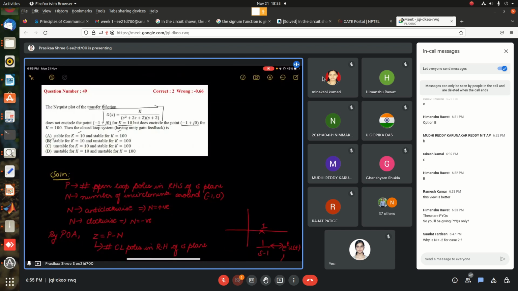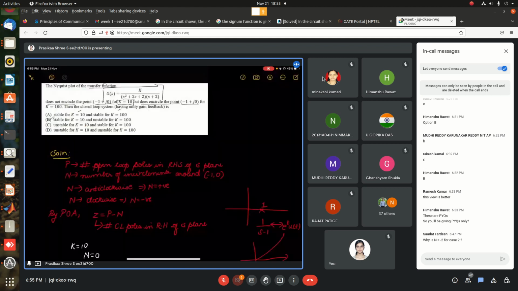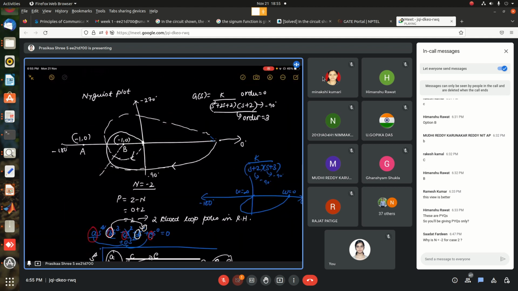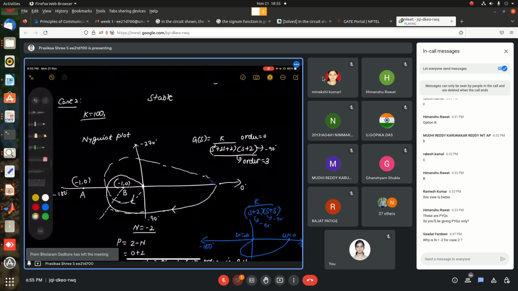For k equal to 10, it does not encircle the point. For k equal to 100, it does encircle the point. But how many encirclements do we need to find out? So this is a shortcut. If you are finding out how many encirclements there are, draw a slanting line such that it covers the total Nyquist plot.